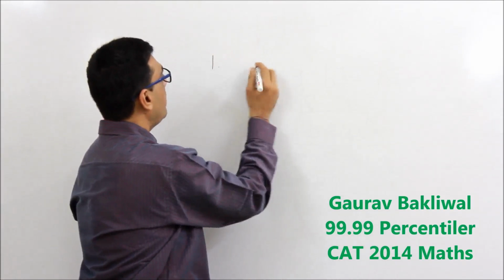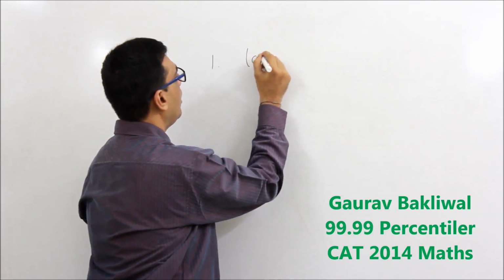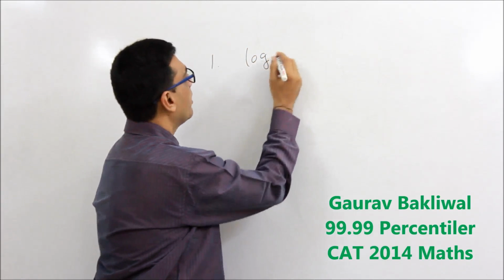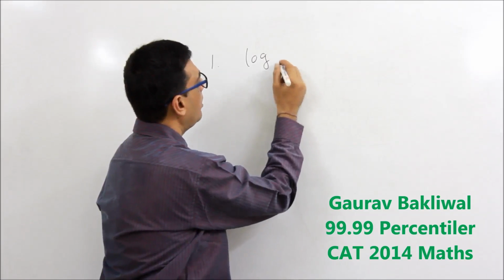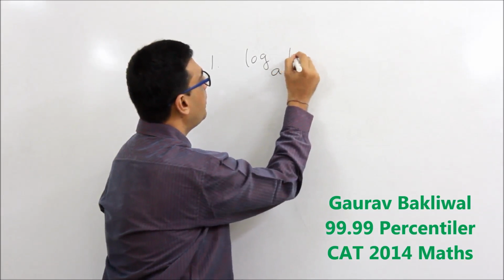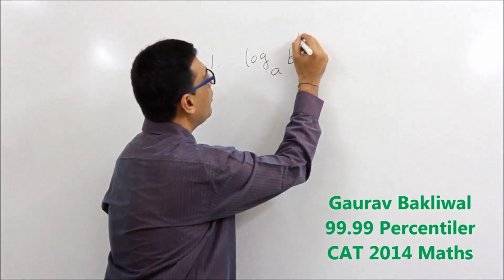So let's go forward. Let us now understand a few rules of logarithm before we actually take the past CAT questions. The first rule is log to the base a of b raised to the power of k.